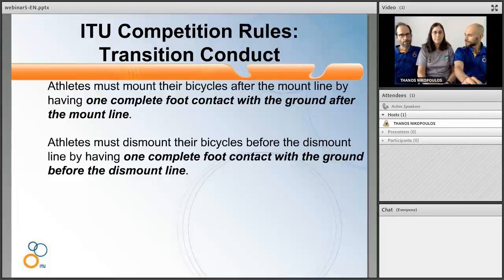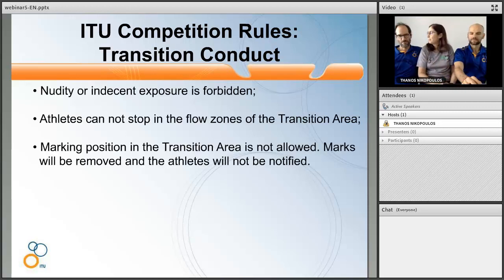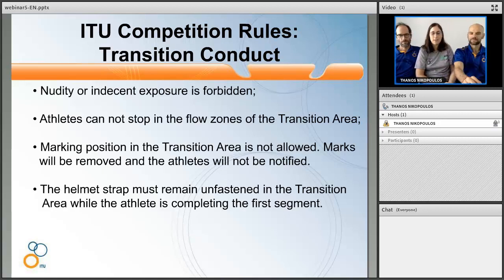Leslie, what about nudity? The good old days when we allowed nudity. We don't allow it anymore. Our sport is now worldwide, and some conventions are not as free with their bodies as others. So we can't have people changing in the transition area as we used to do.